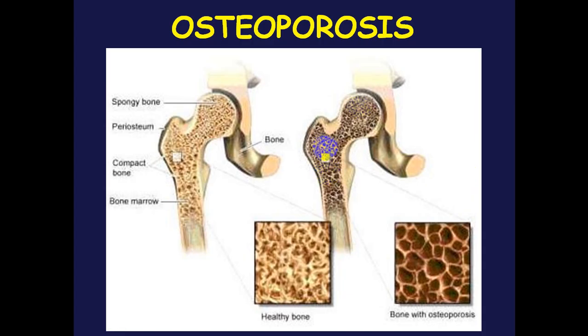Therefore, the bone matrix formation is complete but thin. Okay, but it has a thin structure. Therefore, it produces more sponges, more less dense bone.